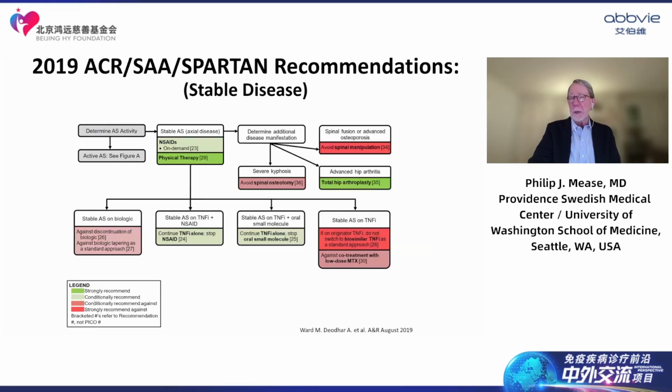And if the patient is getting a benefit, then we in the United States tend to continue these drugs because if you do stop them, there's a tendency for the disease to reemerge. And then the guidelines give us some specific guides about some of the specific elements, such as severe hip disease.